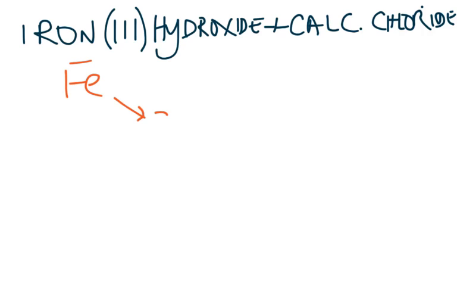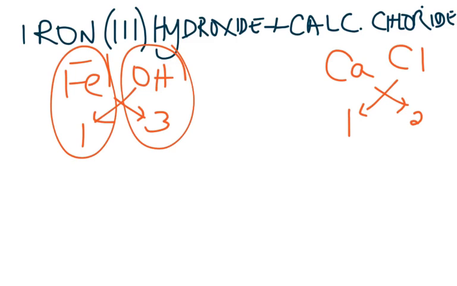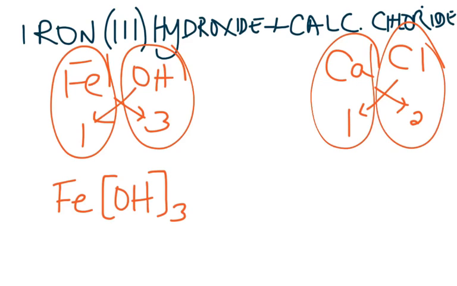Iron is a 3, hydroxide is a 1. Calcium is a 2, chlorine is a 1. This is exactly what we were doing before. So Fe1OH3, and again, you got to remember those brackets. Ca1Cl2, don't need any brackets, it's not a polyatomic. There's my products.